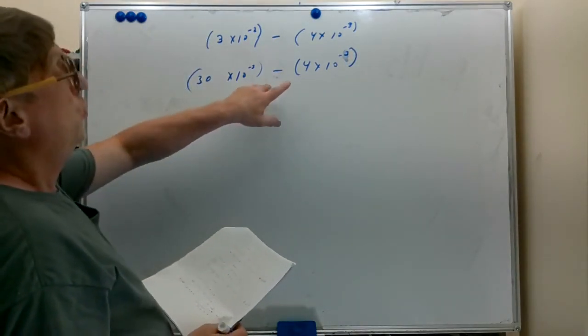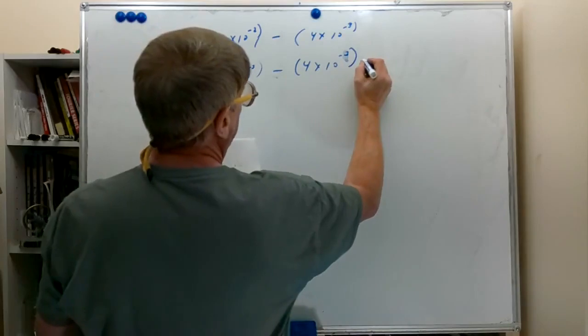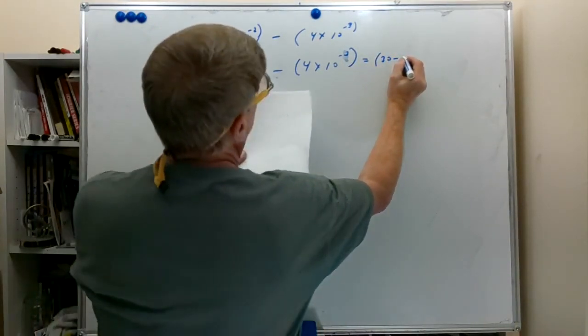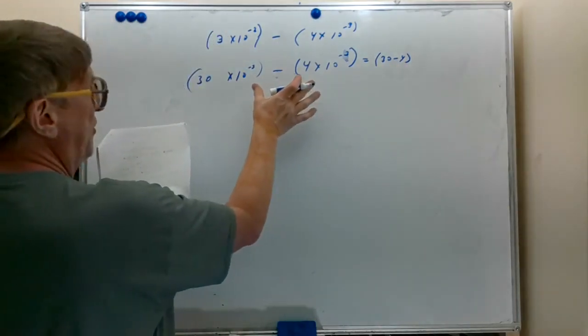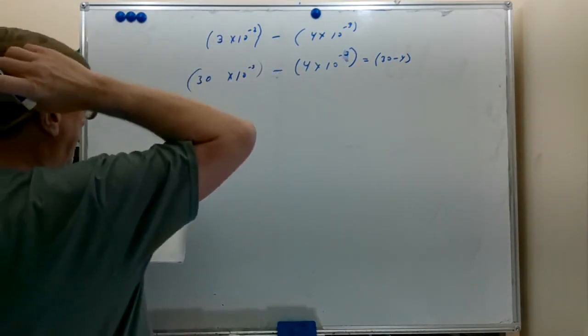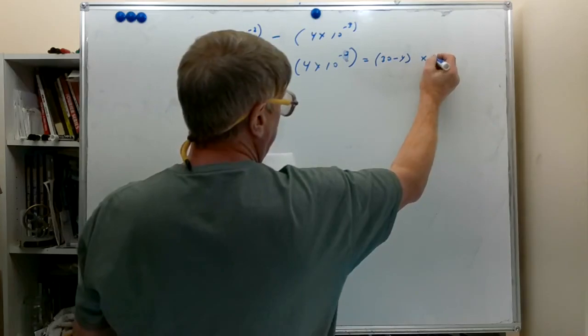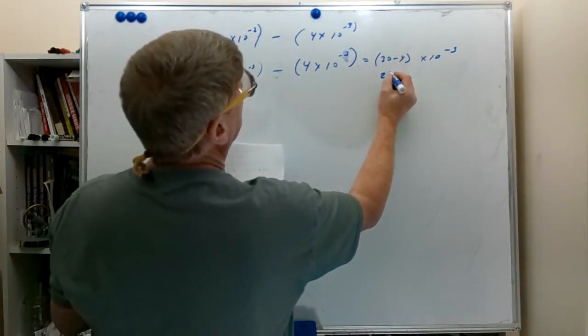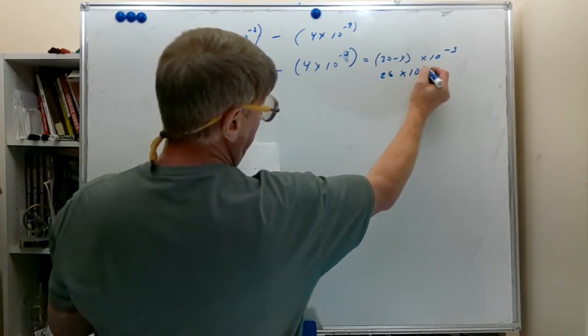So now we're going to subtract the numerical parts. 30 minus 4. And we've already got the same power of 10, so it's still going to be times 10 to the -3rd. 30 minus 4 is 26 times 10 to the -3rd.